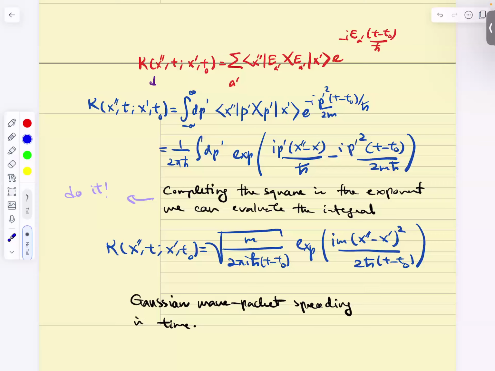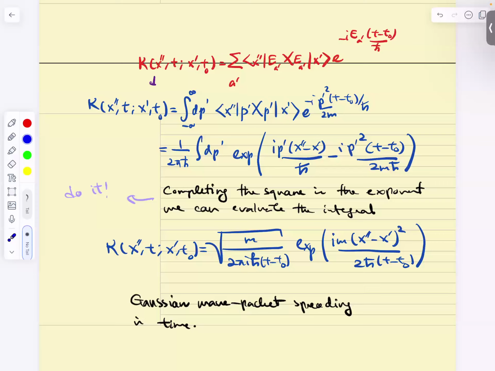So what is the propagator? Think about what the propagator is. The propagator is x double prime, e to the power of i H (t minus t naught) over h bar, x prime. It's the amplitude to go from x prime to x double prime after this much time has passed. So what you would like to say is take the probability to go from x prime to x double prime and stare at the probability expression as a function of time, right?